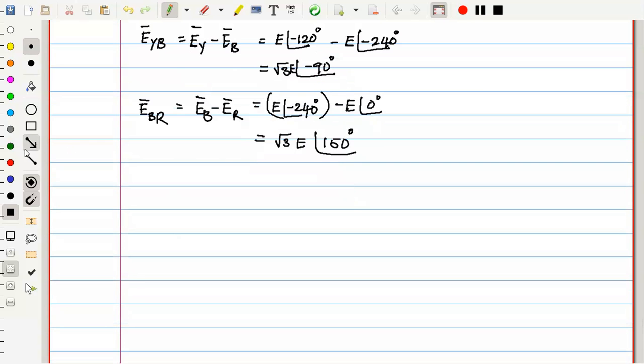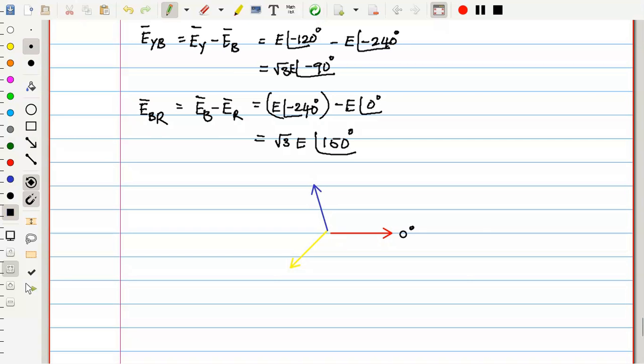So I'll use the color. So this is the R, this is the Y, this is the B. These are phase voltages, try to understand. ER, EY, EB. Okay.